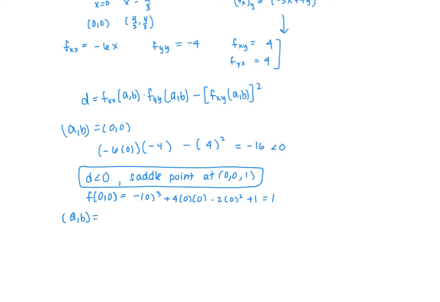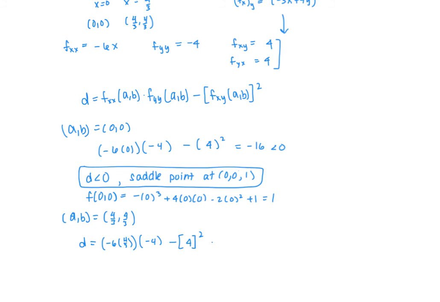Now I need to check the critical value (a, b) equals 4/3, 4/3. And so I'm going to plug those values into my D equation. So D equals negative 6 times 4/3 times negative 4 minus 4 squared.